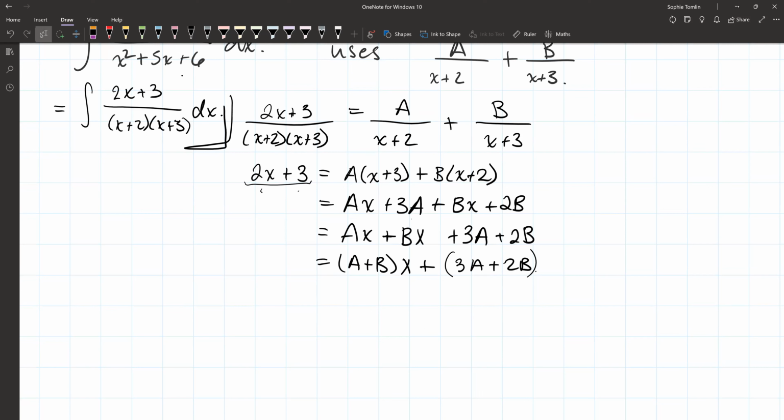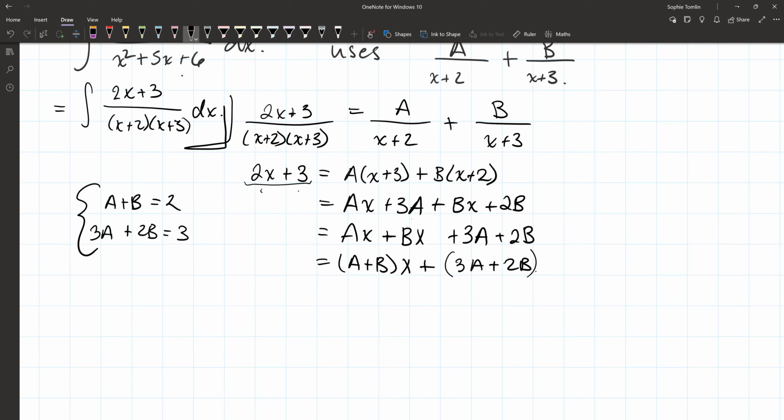And so now we can get this system of linear equations. I don't know how many of you are in linear algebra right now, but you can set it up as a system of linear equations: a plus b is equal to 2, and 3a plus 2b is equal to 3.